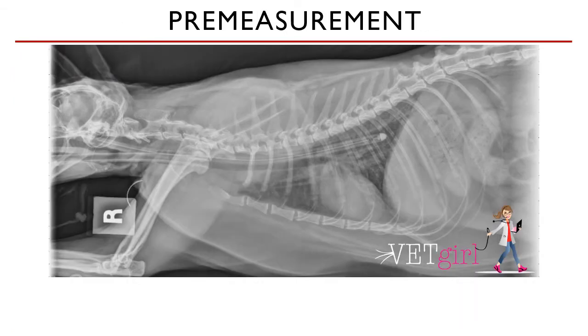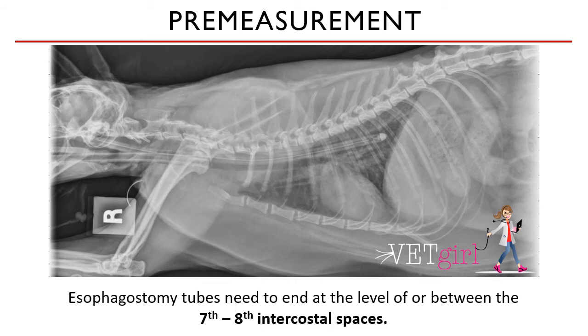Remember, esophagostomy tubes must only stay within the esophagus and never enter the stomach. As a rule, esophagostomy tubes, as seen in this image right here, need to end at the level of or between the 7th or 8th intercostal spaces. So let's count. First rib, second, third, fourth, fifth, sixth, seventh.